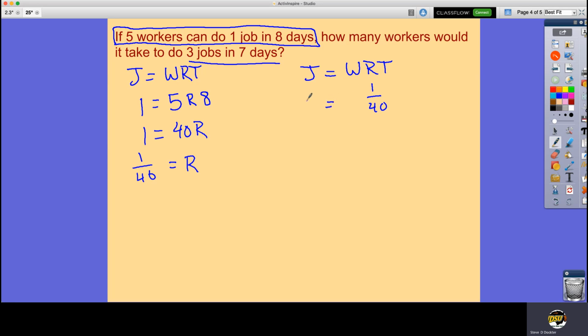Now we're going to have 3 jobs in 7 days. How many workers do we need to get that finished up? Okay, so we just have to solve for W here. If we want to simplify that right side, we would have 7 over 40 times W. How do we get W by itself?